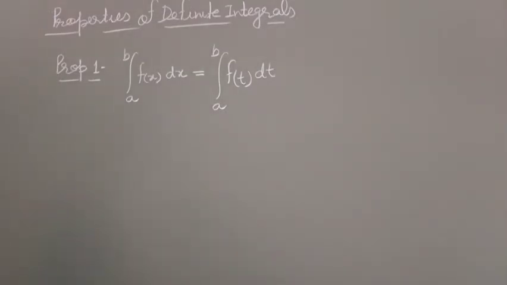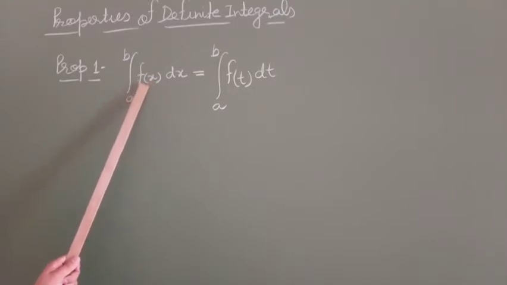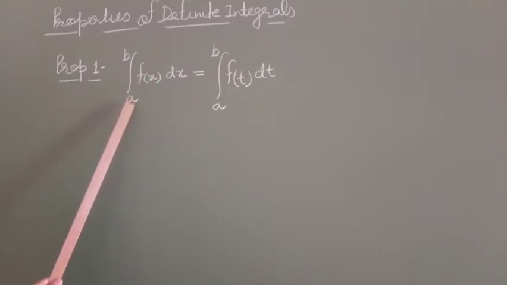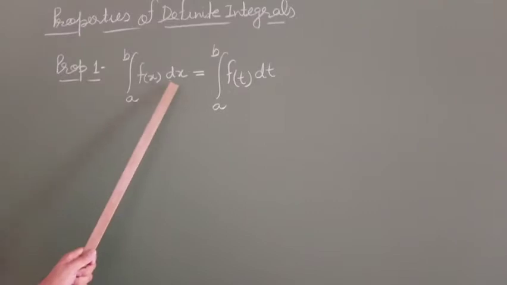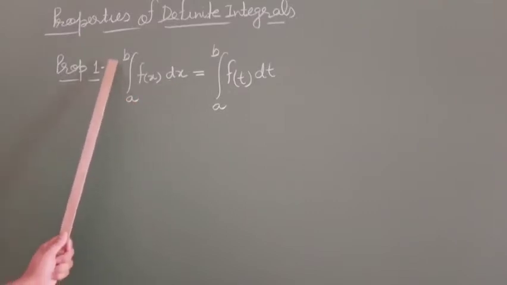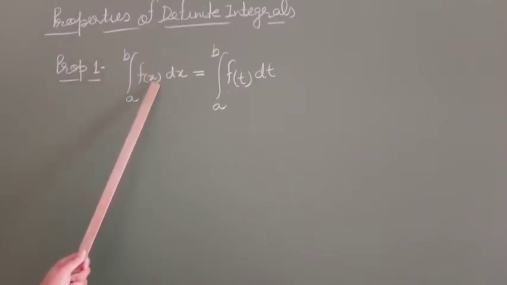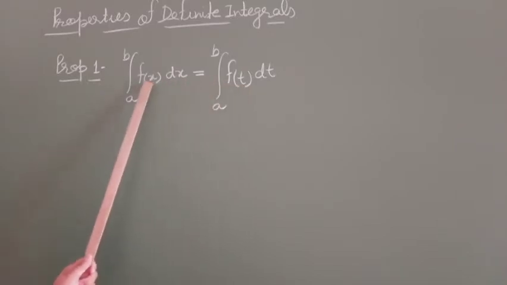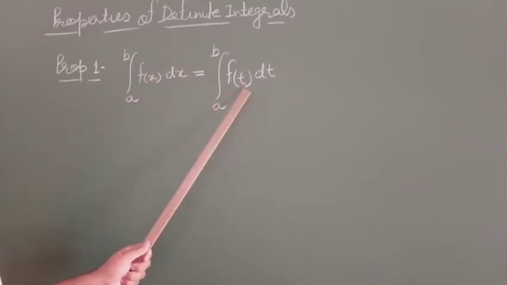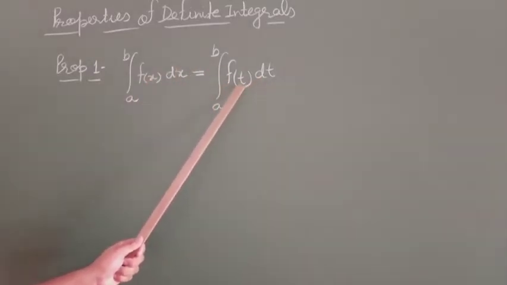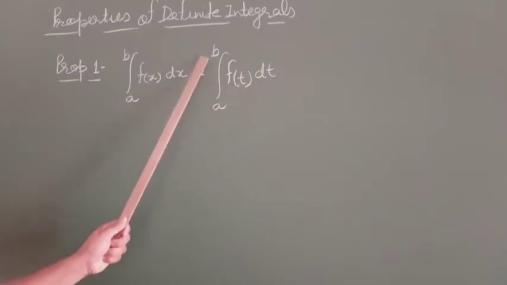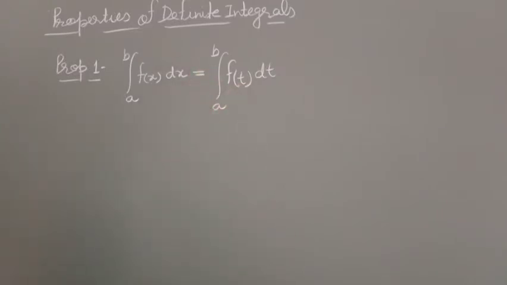You can see here the variable is x and we are finding its definite integral with respect to x. Limits are a to b. If we change the variable, in place of x we can put t, with respect to t, then the answer will be the same. Let us take one example.